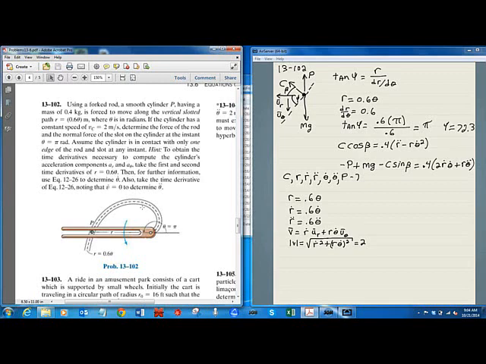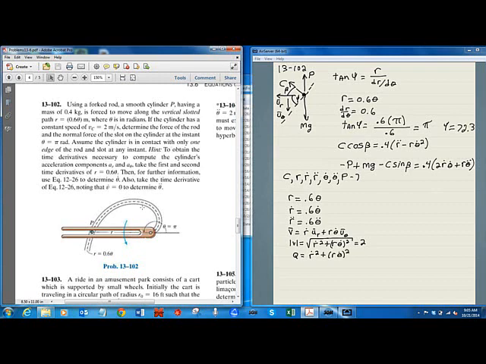So let's do that. I'm not sure what to call it, but anyway, we'll call it Q. So Q is going to equal speed squared. So that's equal to r dot squared plus r theta dot squared.